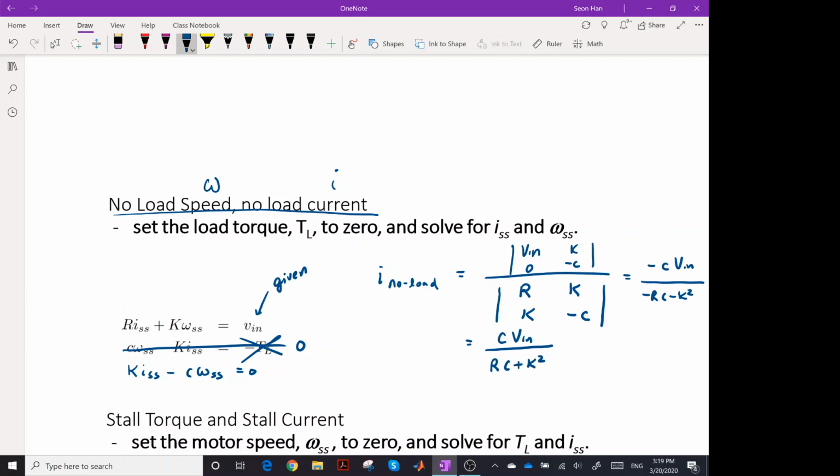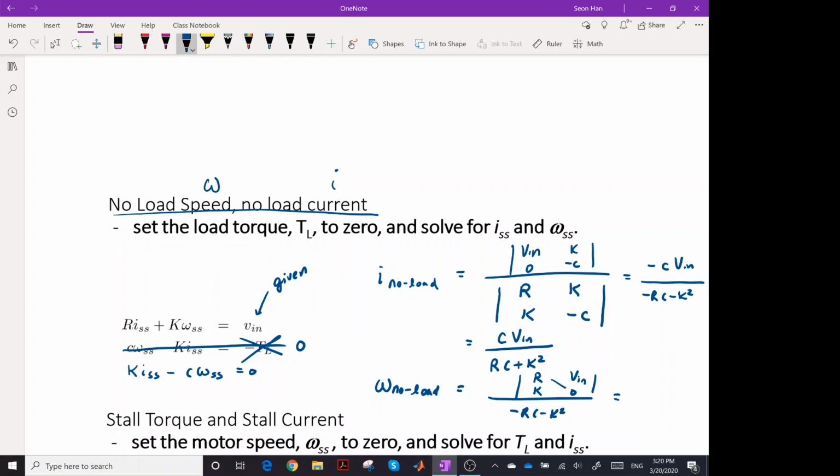You can use a similar method to find the no load speed, omega no load. So this is part of your quiz, I believe. So the denominator is the same, negative RC minus K squared. In the numerator, you take out the second column, which is K and negative C, and replace it with the right hand side.